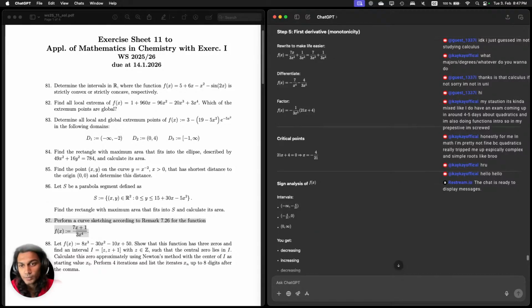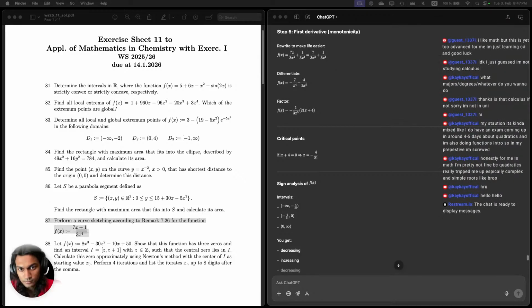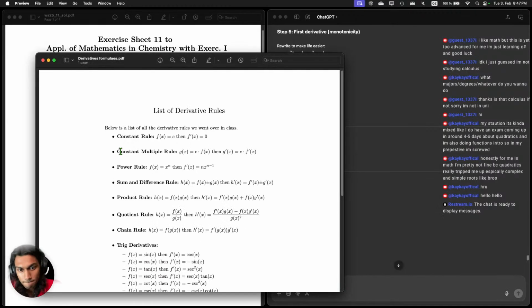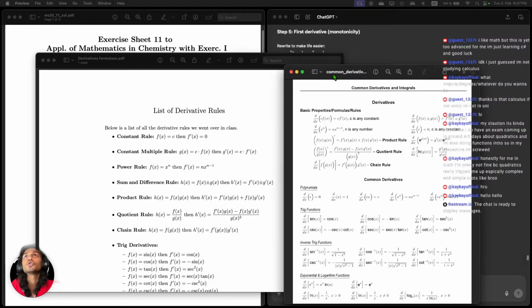I gotta look into basic equations for derivatives. Not gonna lie, I forgot a lot of stuff. Derivatives. Which is more useful?